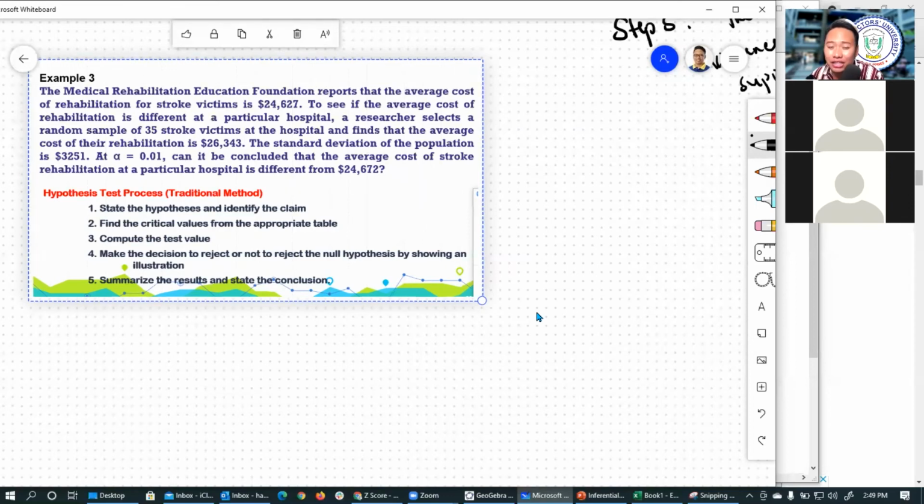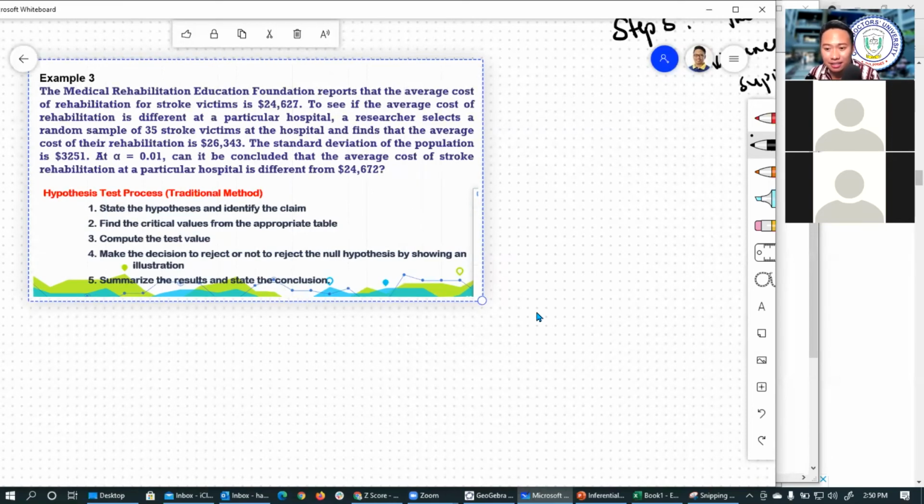The standard deviation of the population is $3,251. At alpha 0.01, can it be concluded that the average cost of stroke rehabilitation at a particular hospital is different from $24,672? Okay. So guys, it's too wordy, but again, I hope you understand the situation.